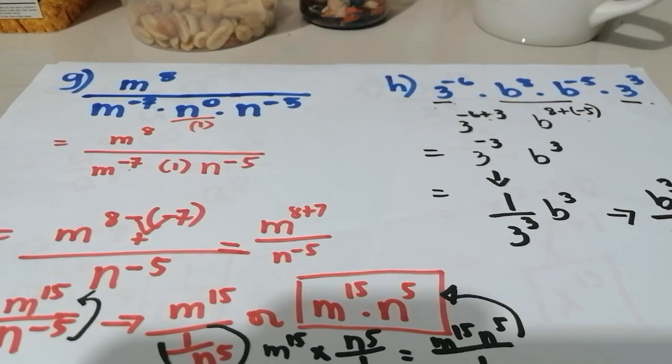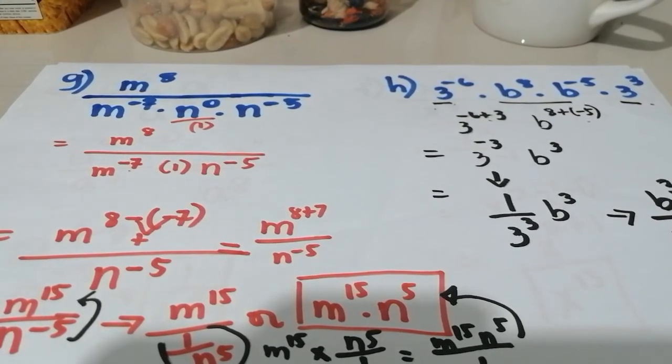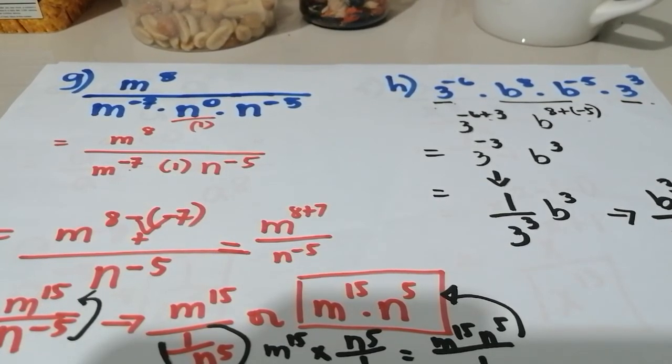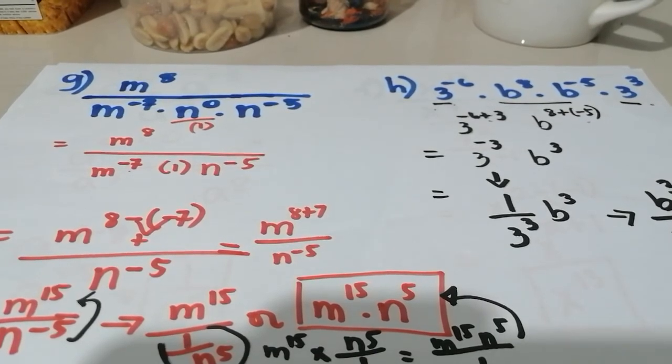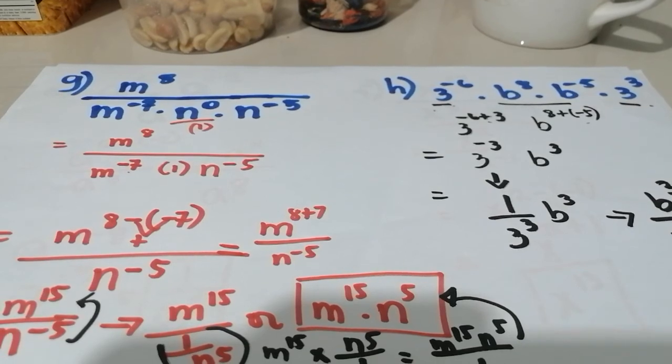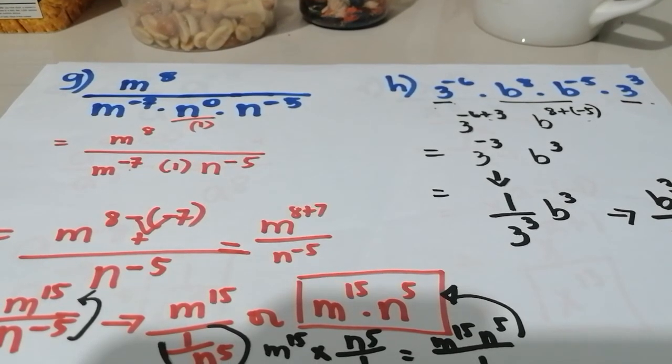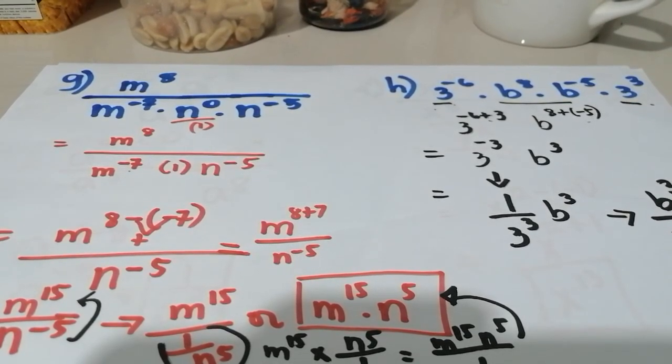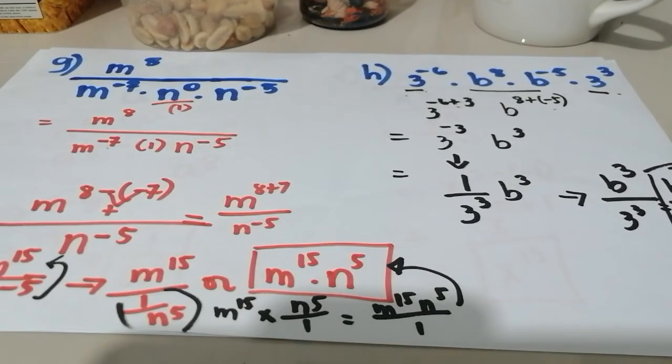Okay, so you should know and you should remember all the rules that we have discussed, because in one number, sometimes when you simplify exponents, you need to use all the exponential rules, or sometimes it can be only 1, 2, or 3 kinds of rules of exponents.